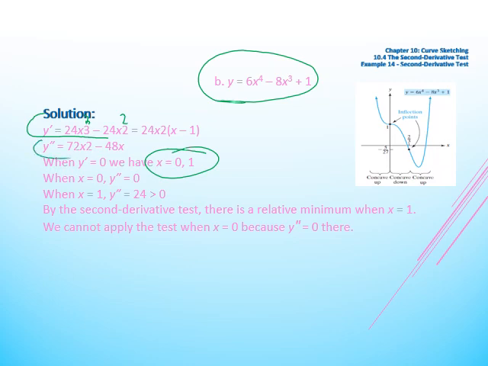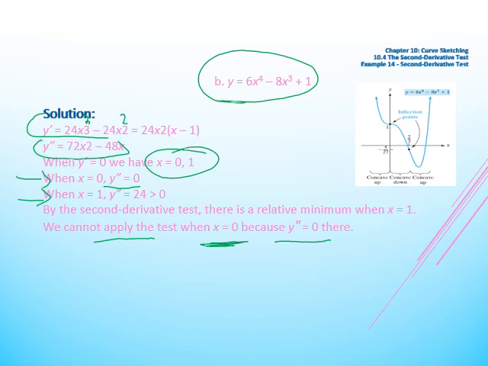Then get the second derivative, which is 72x squared minus 48x, and substitute the two values 0 and 1 in the second derivative test. When x equal to 0, y double dash equal to 0, and this means that the test fails at this point. We can't apply the test when x equal to 0 because y double dash is equal to 0.